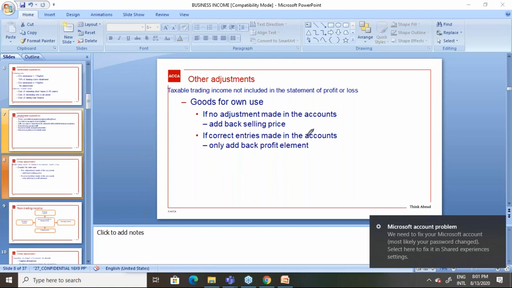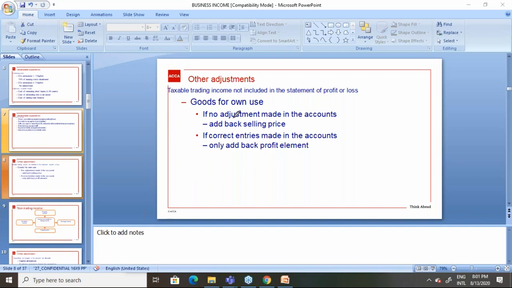Now, if you have not made any adjustment in accounting to record the goods taken by the owner for his own use, that means the owner has taken goods from the business for his own use, but in accounts you have not recorded anything at all. However, for the purpose of taxation, it should be treated as normal sales at the market value.